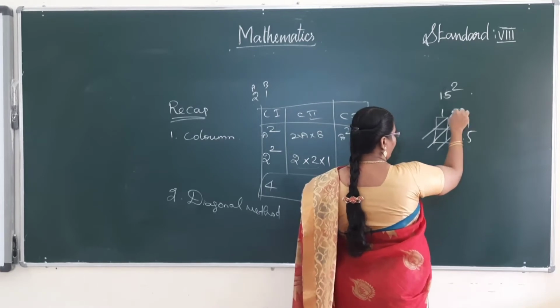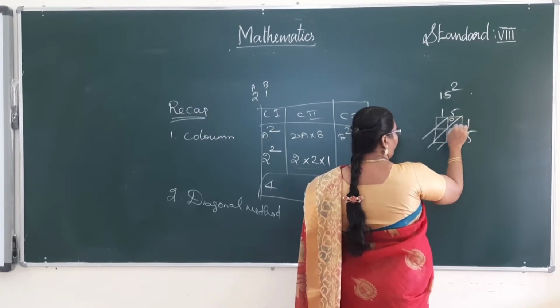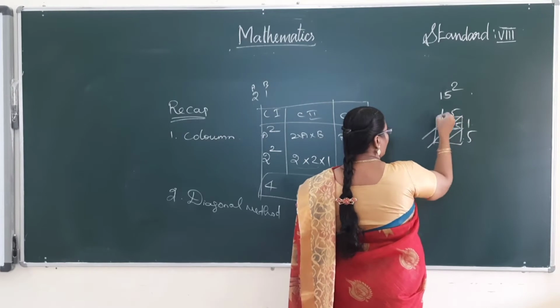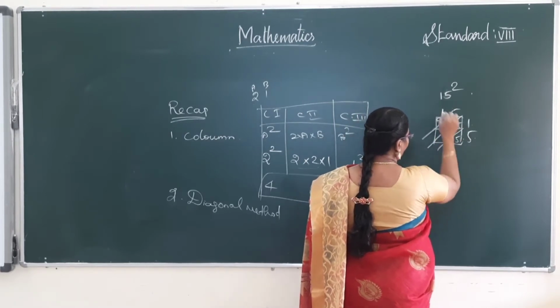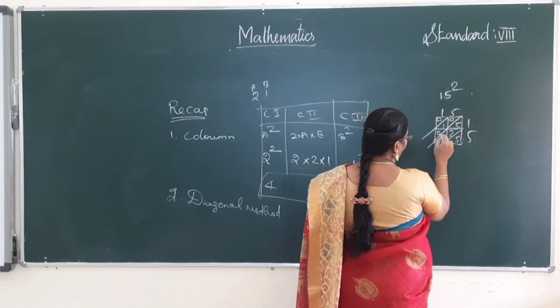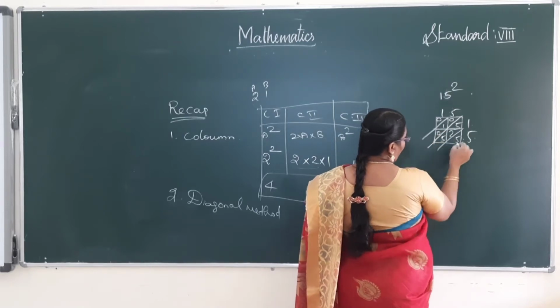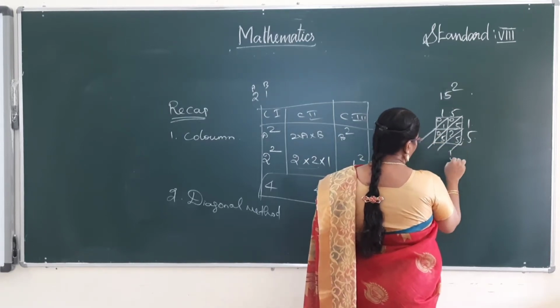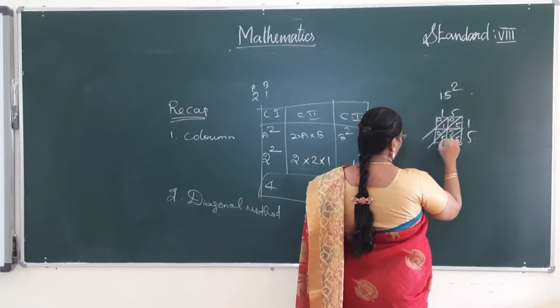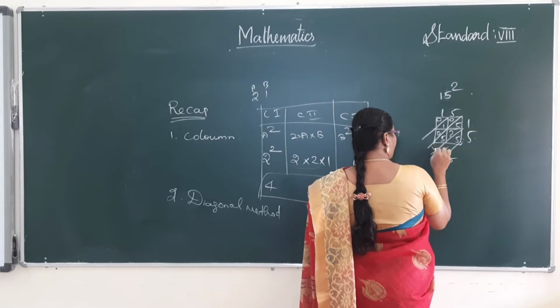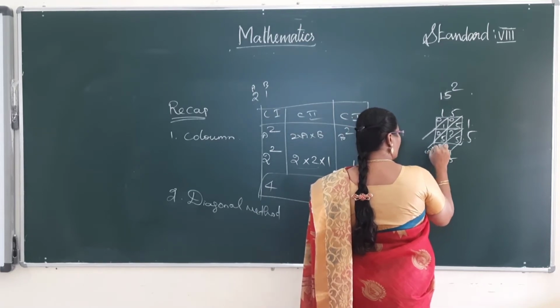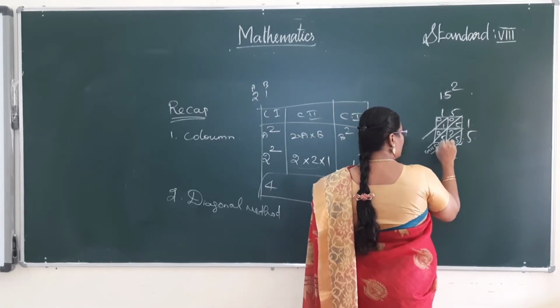Now multiply. 1 fives are 5, and you need to place only that. 1 one is 1. 5 fives are 25. 5 ones are 5. Now add the values. Here 5 plus 5 is 10, and we carry over.